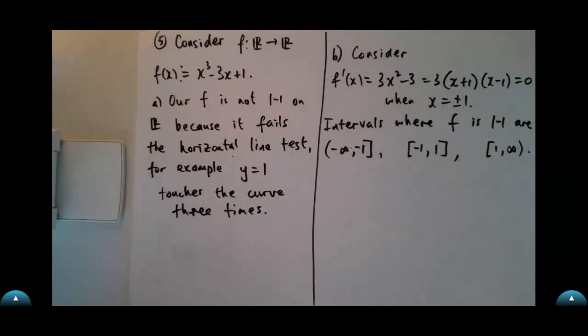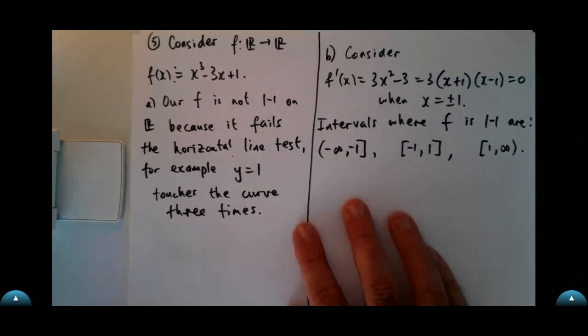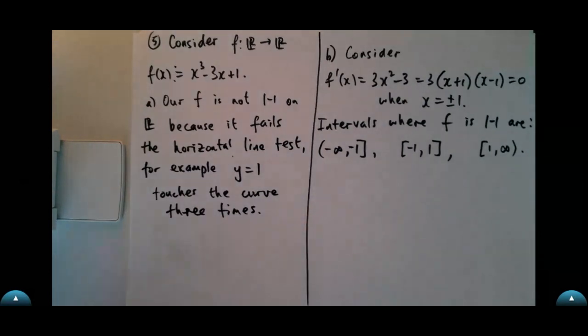Okay, and lastly, what is the domain of each of the corresponding inverse functions? Okay, so now it gets a little bit tricky. So we have to look at the range of each of these little parts of the curve. So let's go back to the picture. You can see why GeoGebra is really helpful now, right?